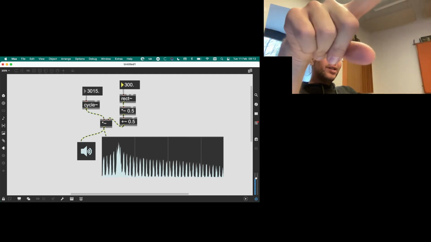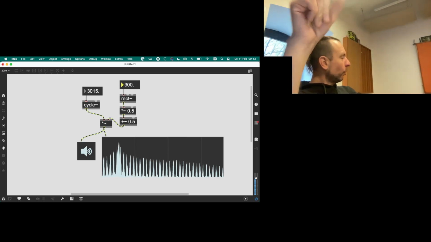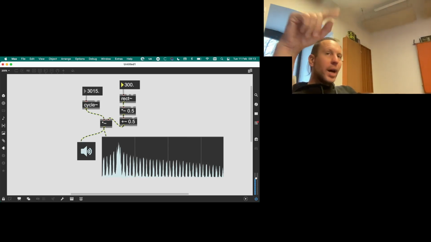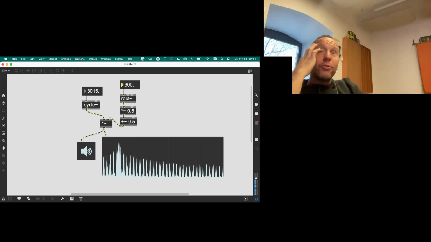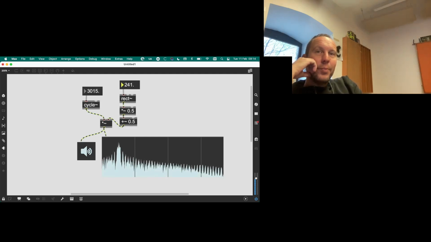Because each of these sidebands corresponds to one of the harmonics. And because the harmonics are progressively softer, therefore the sidebands are also progressively softer. Make sense? And then if I really decrease this frequency, you see there's an increasing number of sidebands.